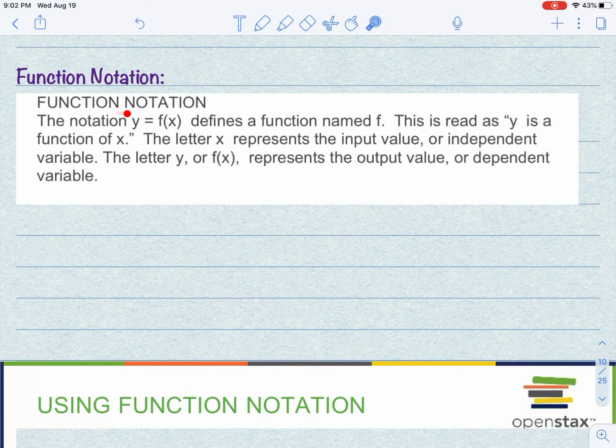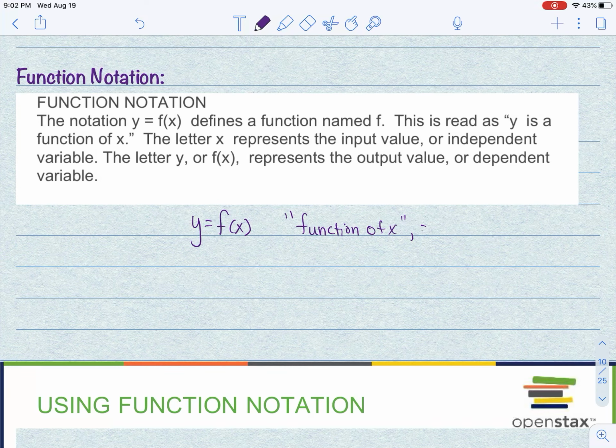So function notation, the notation y equals f parentheses x, defines a function named f. This is read "y is a function of x." So when you see f parentheses x, we say f, or the function of x.